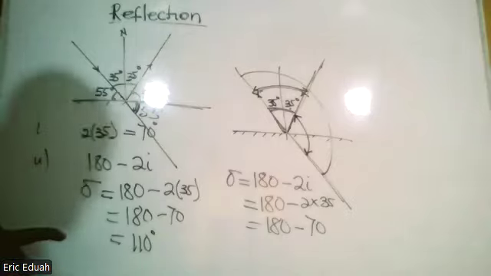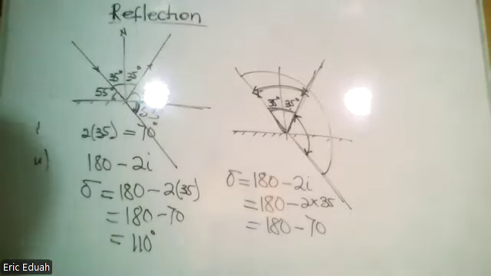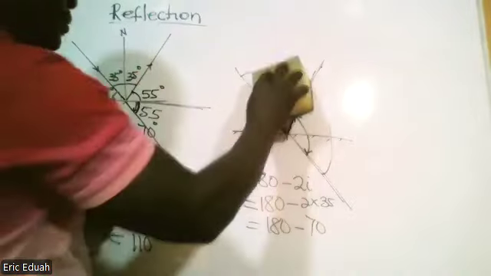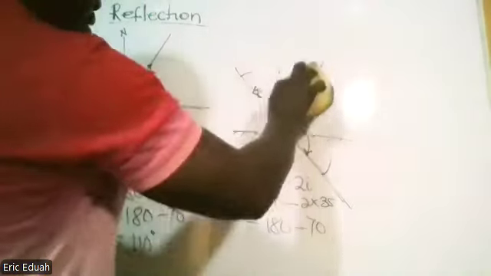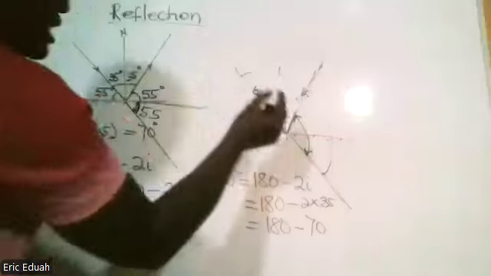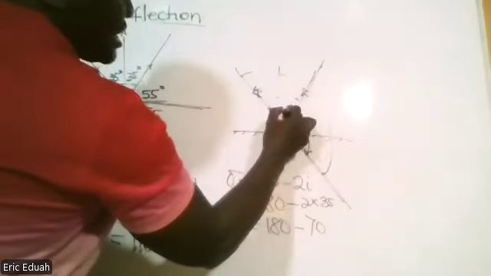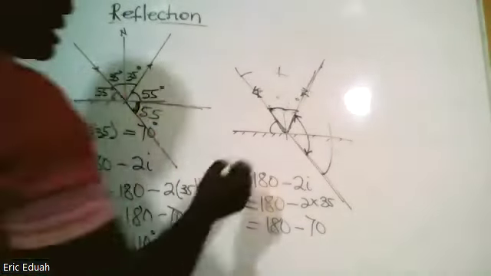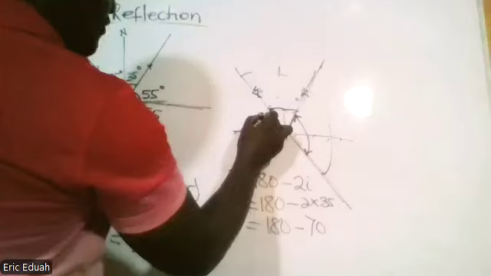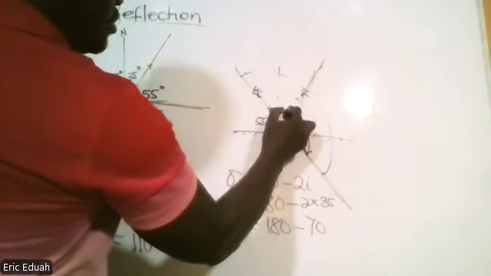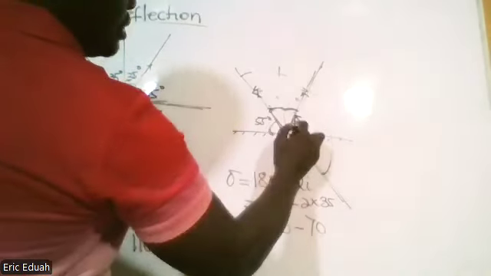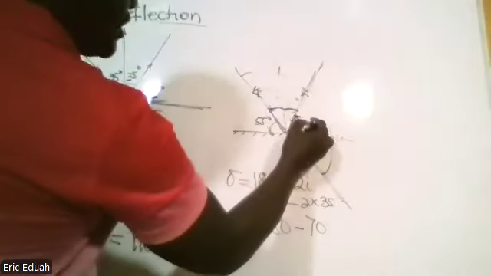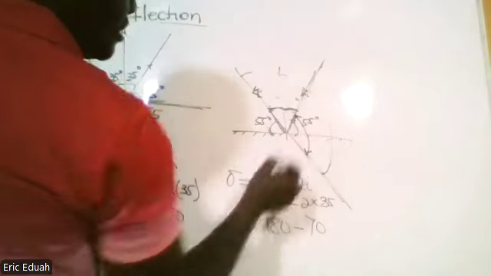Another way of getting the same result is this. If this is 35, this is 35. The glancing angle is 90 minus 35, which is 55. Once this is equal to this, then this angle must also be equal to this angle. So if this is 55, this is also 55.